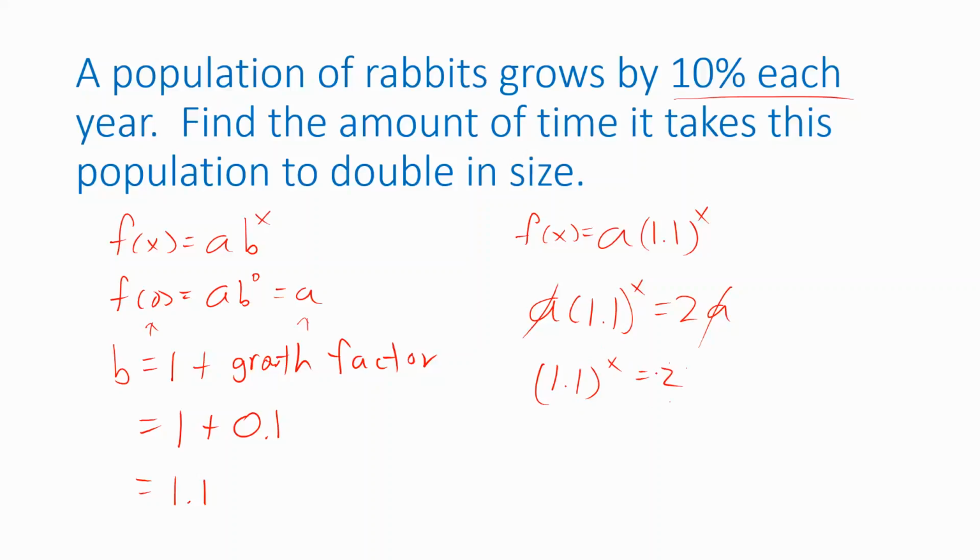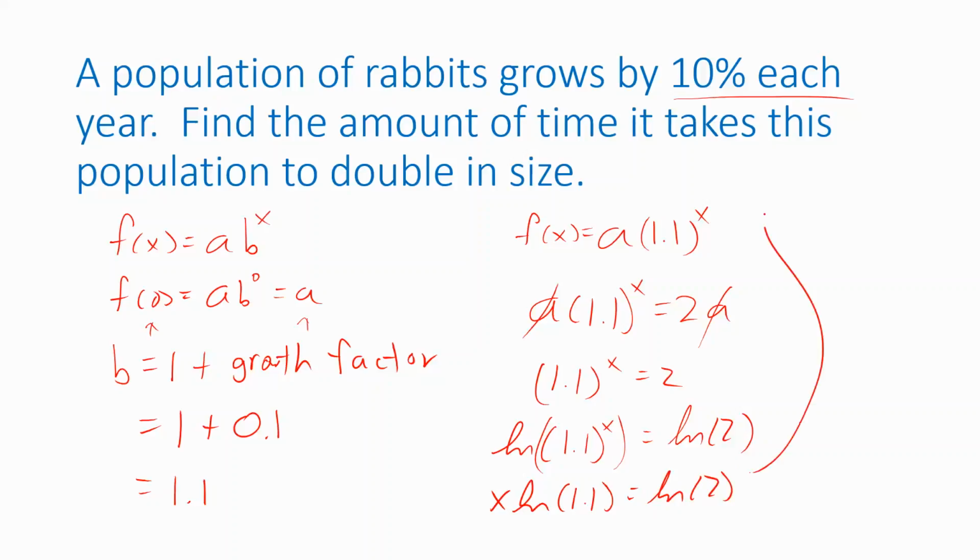We'll solve that equation using logarithms. I'll take a natural log of both sides. Natural log of 1.1 raised to the x, and natural log of 2. Pull the x out front and get x times natural log of 1.1. And then we can isolate x, divide both sides by this number, natural log of 1.1.